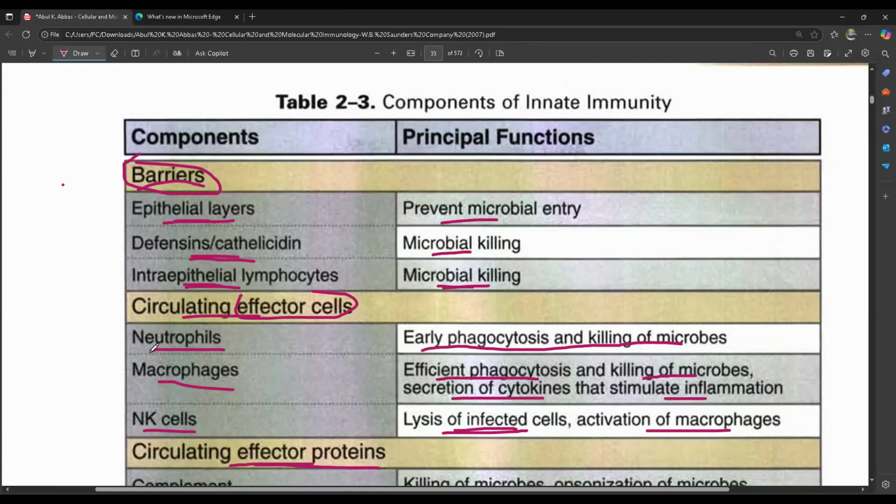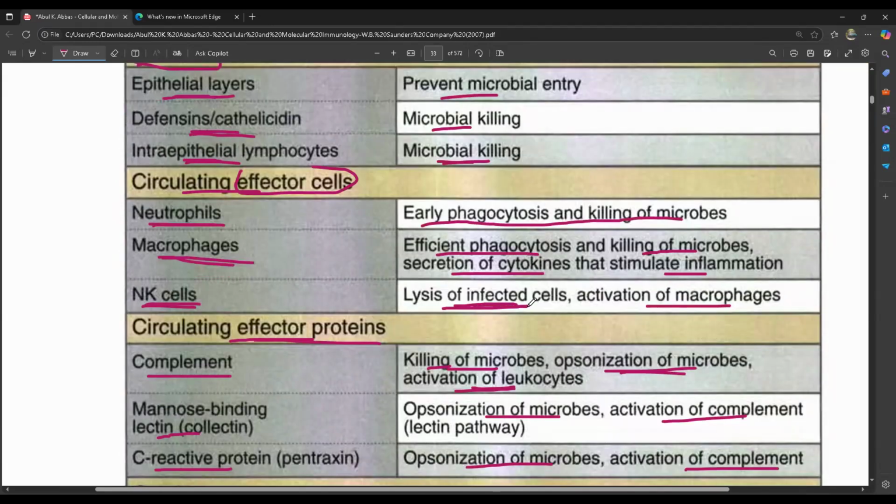Circulating effector cells involve neutrophils, macrophages, and natural killer cells, and they promote phagocytosis and killing of microbes, stimulate inflammation, and kill infected cells.